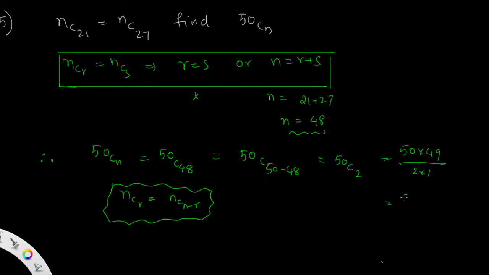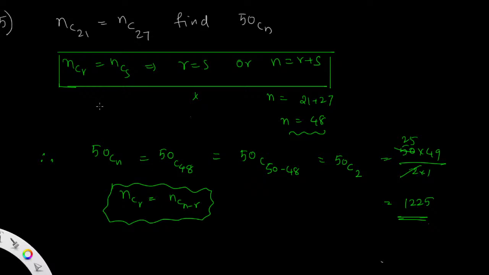That is 25 into 49. 5 9s are 45 and then 4 carry 8, 8 plus 4 is 12. So that is 1225. Okay, this is question number 5.